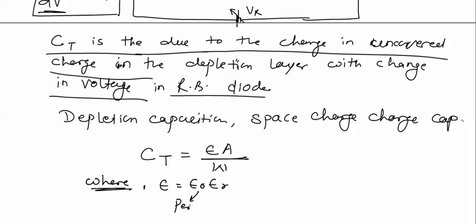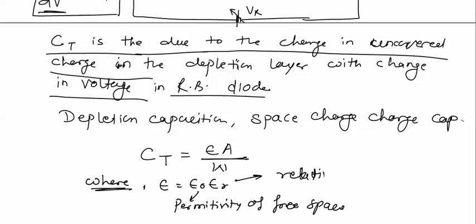Epsilon naught is the permittivity of free space, and epsilon r is the relative permittivity of the semiconductor used.